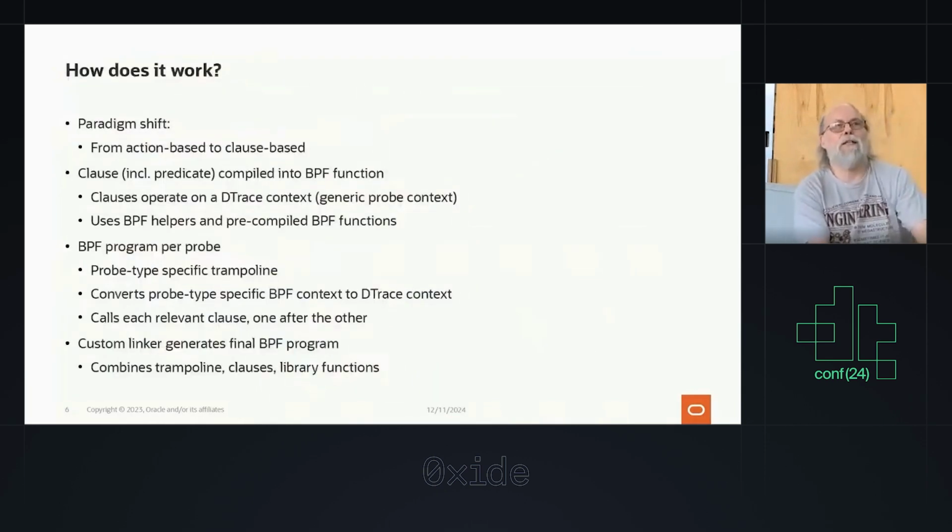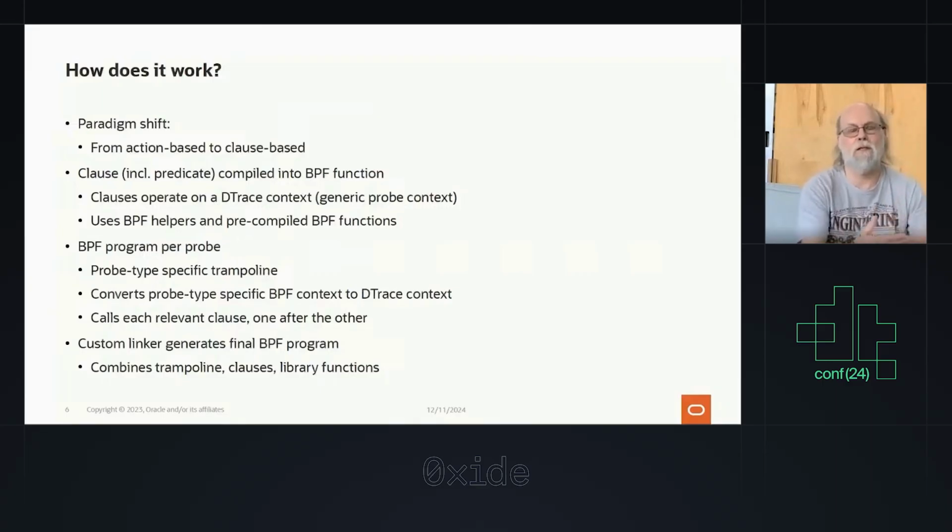So how does it work? Initially, the idea was a straight compile into BPF code, replacing actions with function calls to pre-written BPF code, and all should work. That's not the case, because we had to start thinking differently: dtrace has traditionally worked completely action-based.